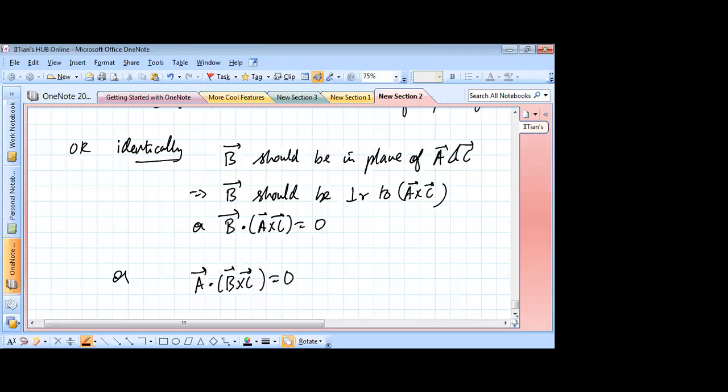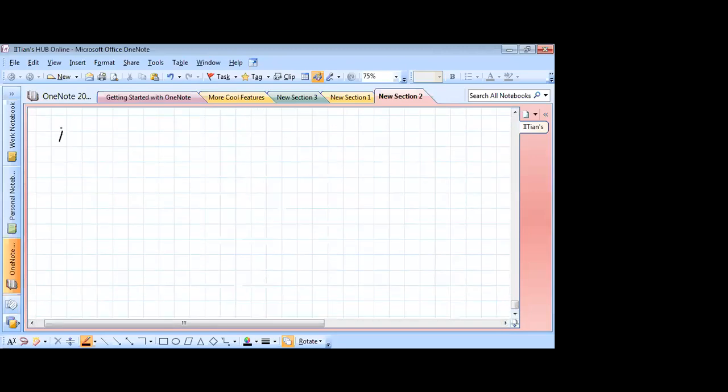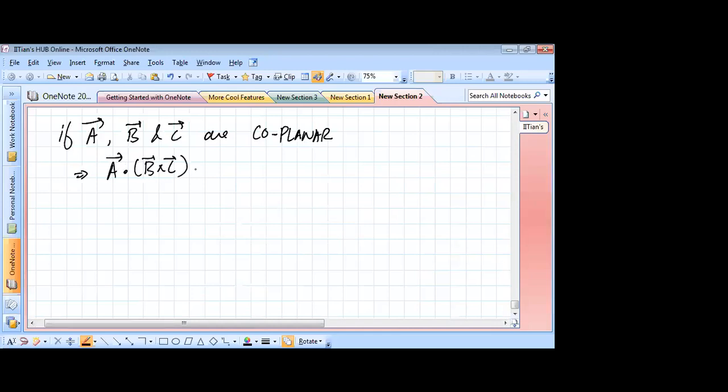So in other words, we get the relationship that if vectors A, B, and C are coplanar, then it implies that A dot B cross C will be 0. B dot A cross C will be 0. And C dot B cross A or A cross B, whatever, will be 0. So we can check any of these.